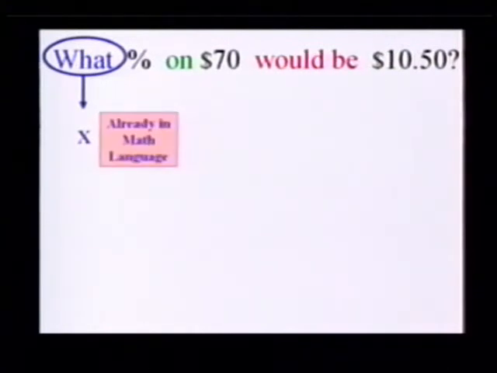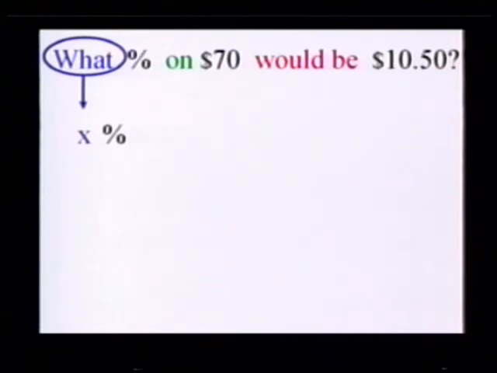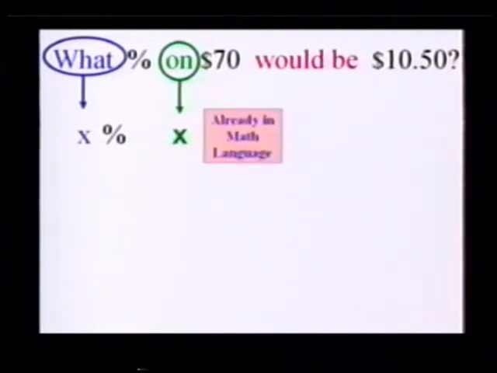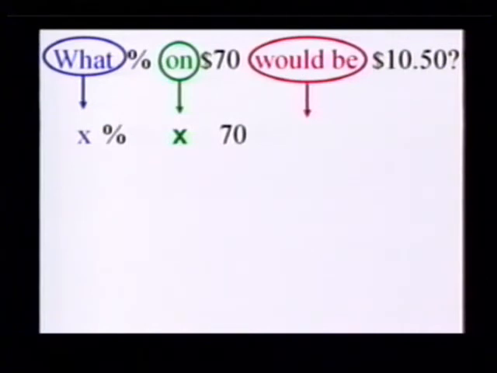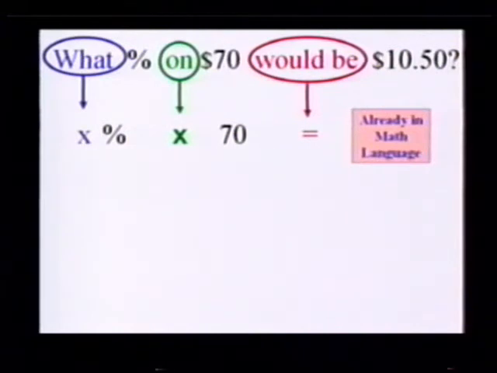Percentage, already in math language. Just write percentage. On smells like of. It's times. 70, already in math language. Would be, could be, should be, always interprets to equals. And then finally, this one's already in math language.